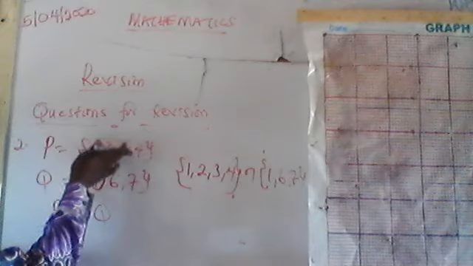If you check it very well, it is only 1 that is common to both. There is no other number. What we have here is now 2, 3, and 4. And what we have here is now 6 and 7. So only 1 is common to them. Therefore, the value for your P intersection Q will now be 1. And that will be the value for the second question. So that is for the intersection.